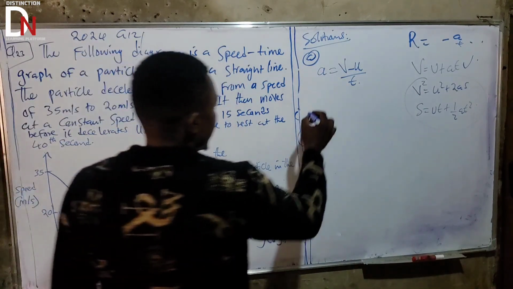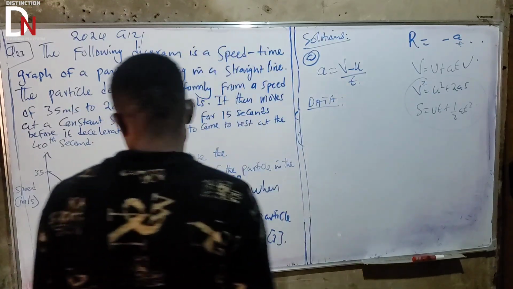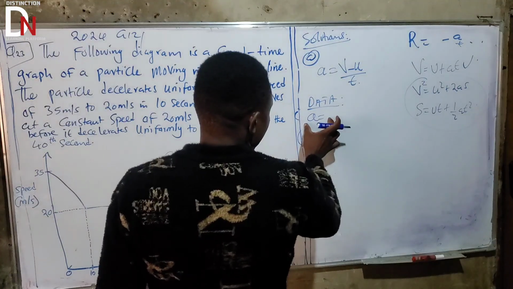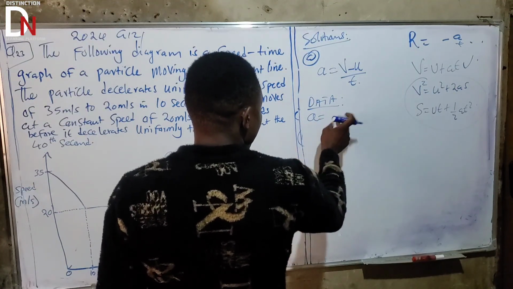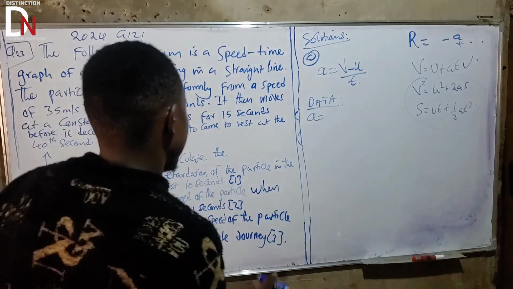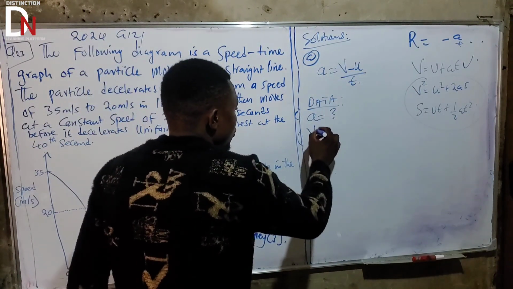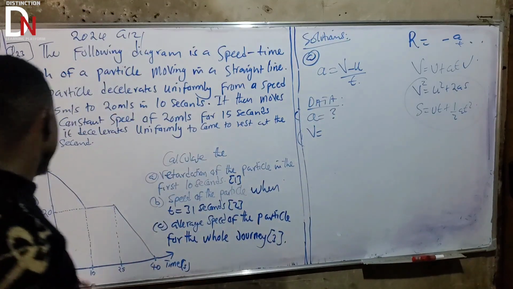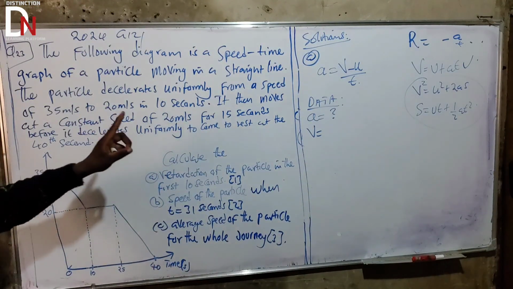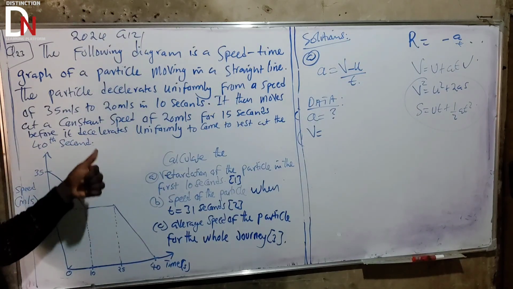I can now collect the data. Acceleration, I do not know, and once I find this answer to be negative, it implies I'm finding the retardation. Final velocity: from the question, the particle decelerates uniformly from a speed of 35 meters per second to 20 meters per second.